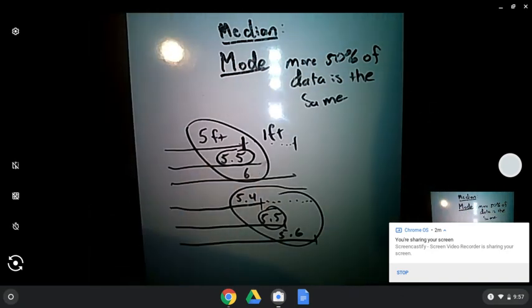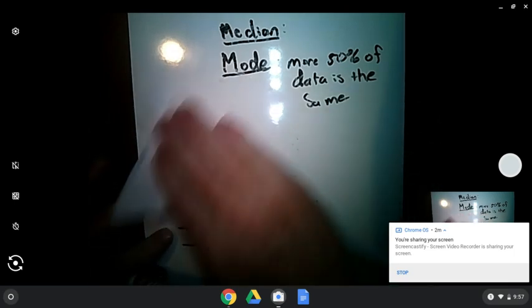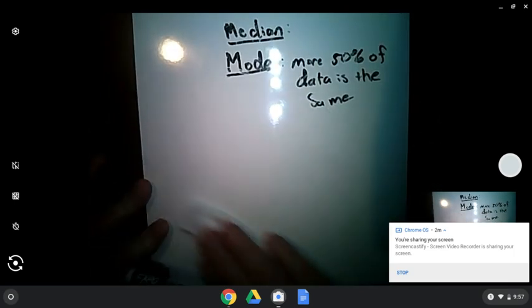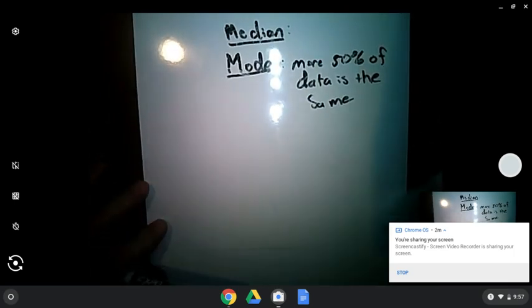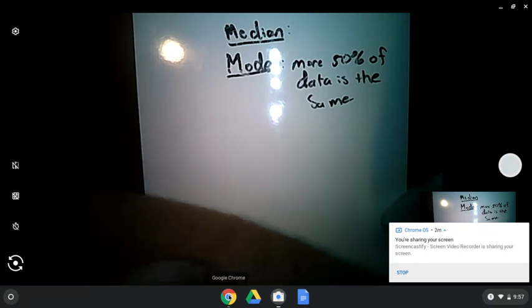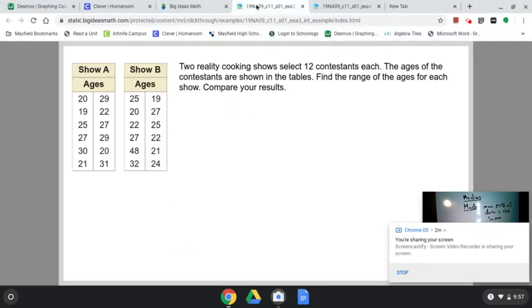Okay, so that's what we're looking at. We're looking at range. So all you have to do to find the range is subtract the smallest from the biggest. That is it. So let's look at the first question that goes along with that. Two reality cooking shows select 12 contestants. The ages are here. So we have 2 groups, A and B. Find the range of the ages. This is pretty straightforward.